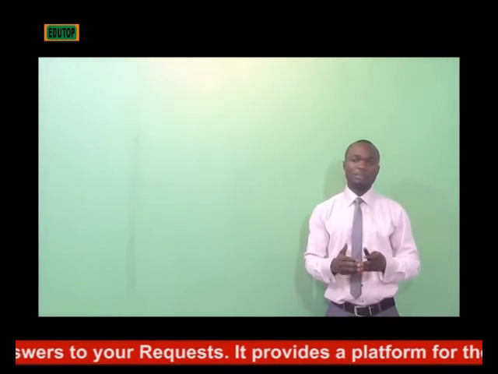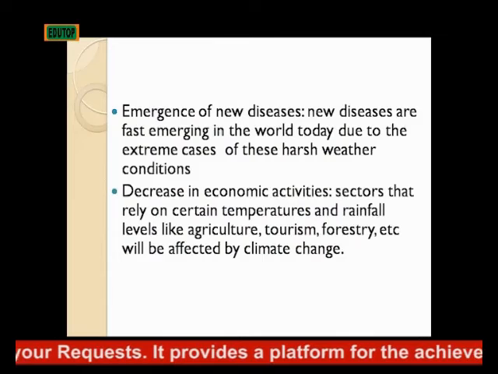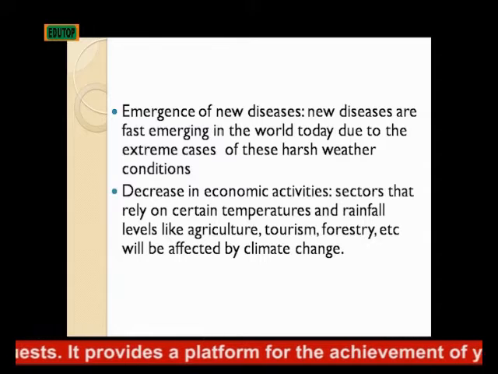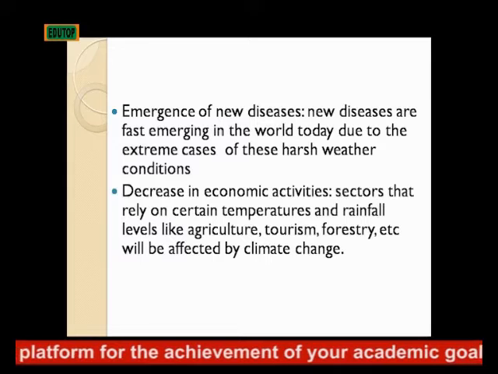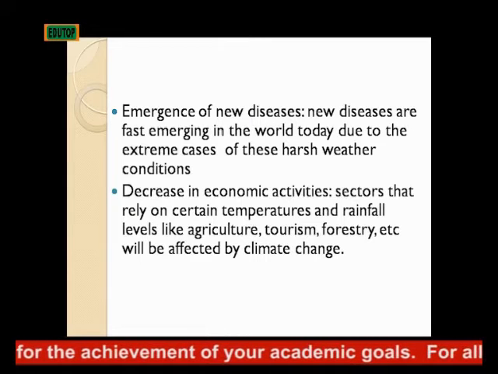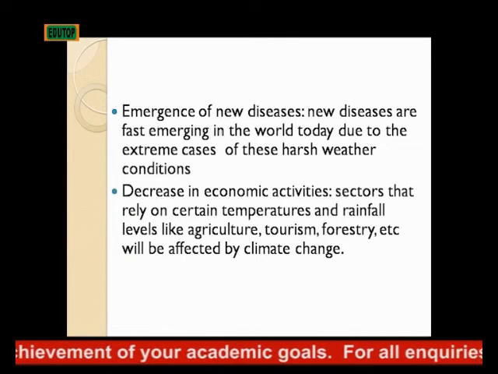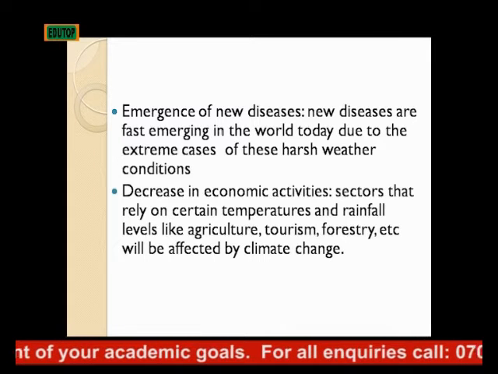Now, we also have the emergence of new diseases. Climate change can also lead to the emergence of new diseases. And now, new diseases are fast emerging in the world today due to the extreme cases of these harsh weather conditions.